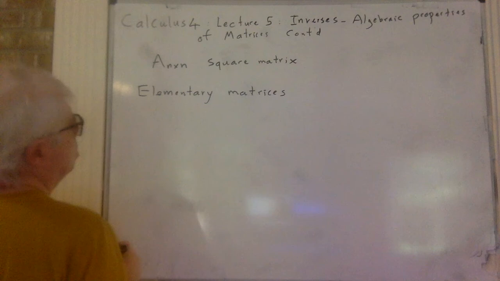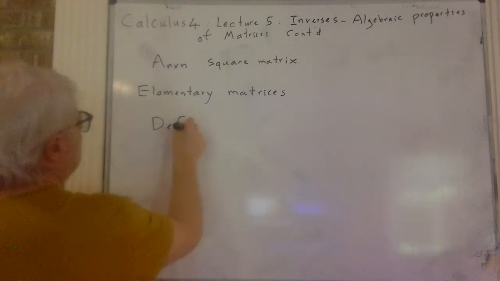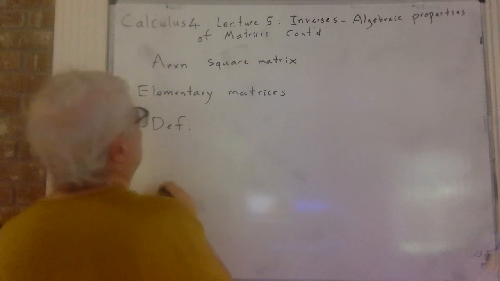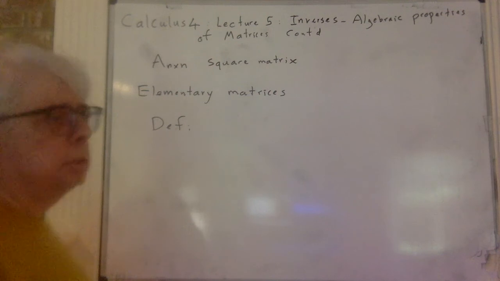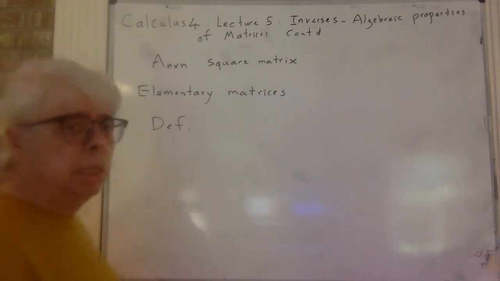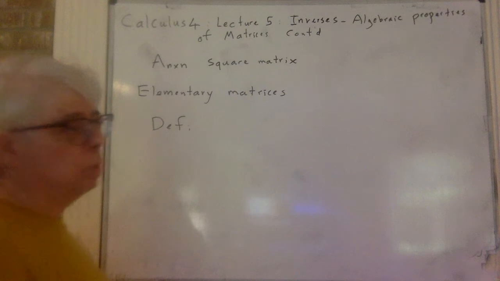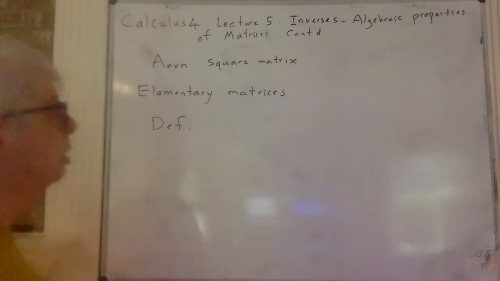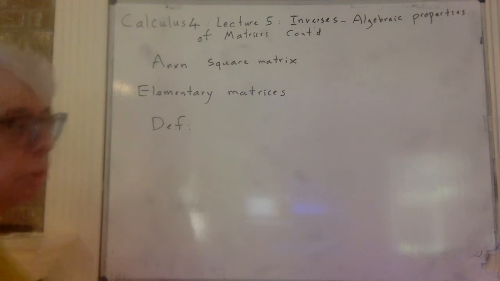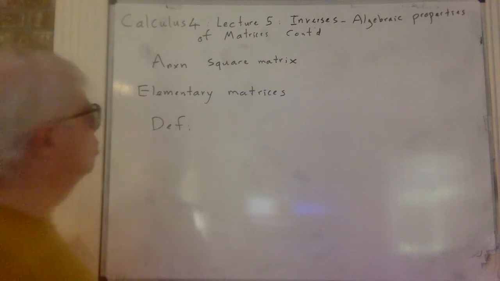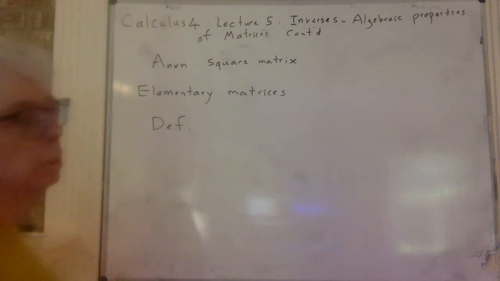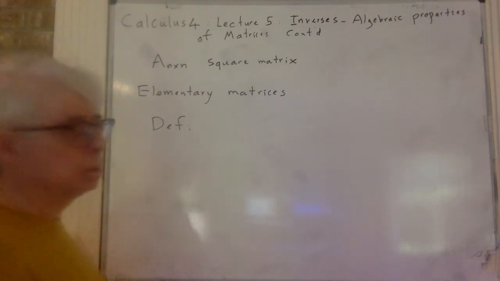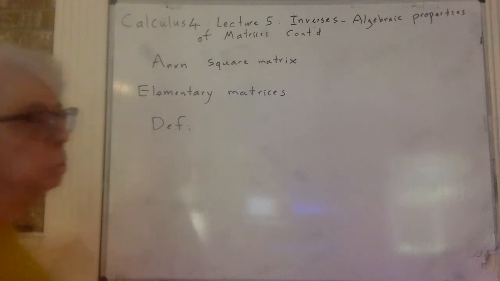So what is an elementary matrix? The definition is this. Take I_N and apply one of those three row operations, then the result is an elementary matrix. So what were the row operations? Row operations were multiplying a row by a scalar, multiplying a row and adding it to another row, or interchanging two rows.